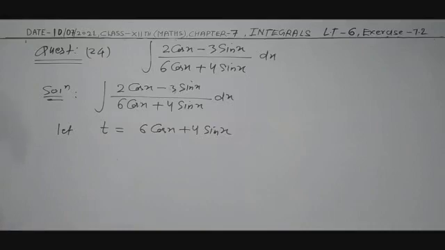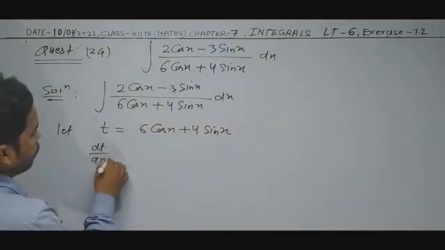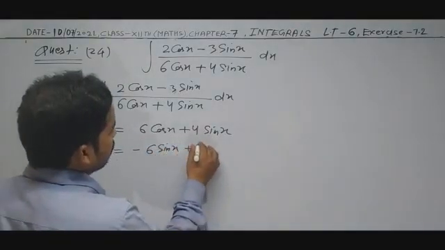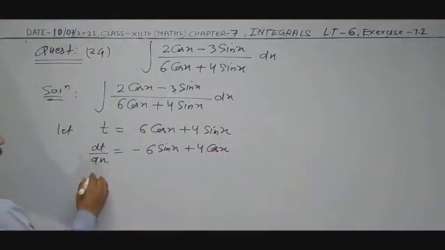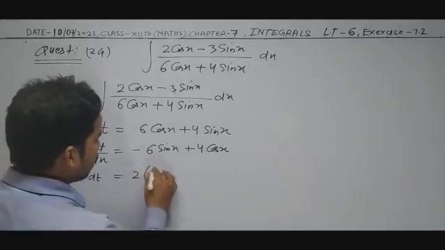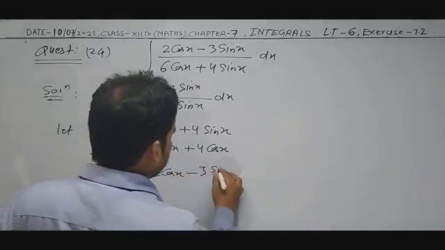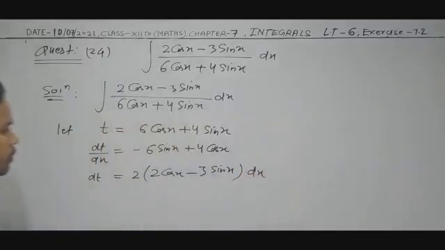Now differentiate with respect to x. So the result will be dt by dx equals minus 6 sin x plus 4 cos x. And dt by dx can be written, taking 2 common, as 2 times (cos x minus 3 times sin x) dx.